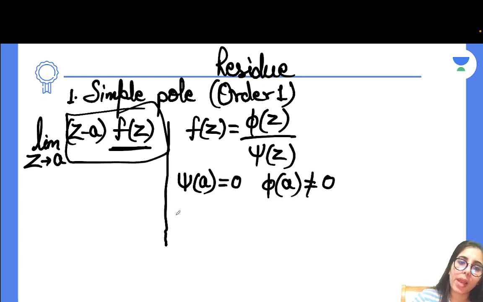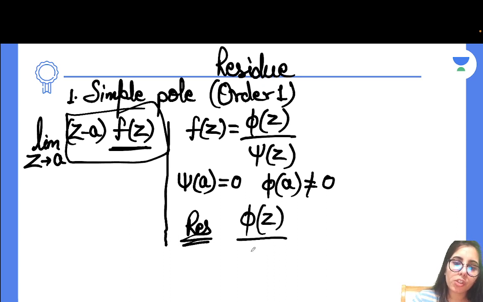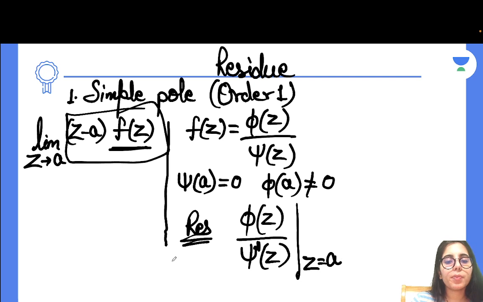Then only you can apply this formula. As per this formula, to find the residue at a simple pole, keep the numerator of the function as it is and take the denominator's first order derivative with respect to z, okay? And then just put z is equal to a. This will also help you to get the residue. So that's how you will be able to find it, okay?